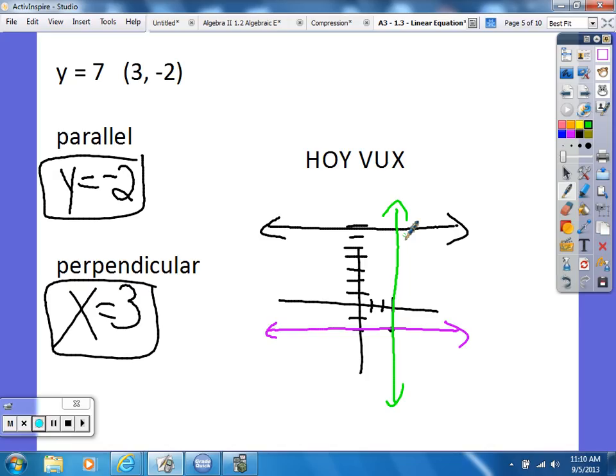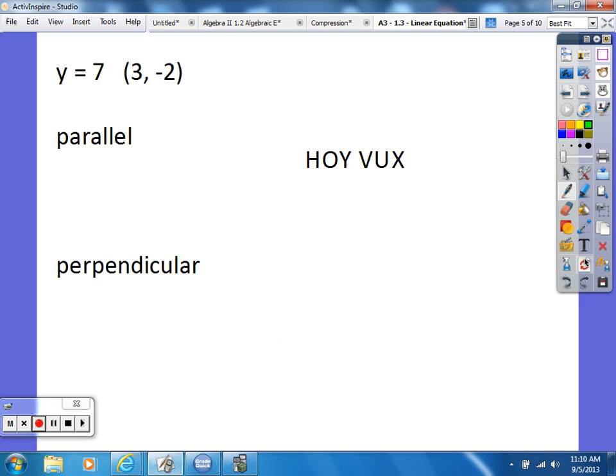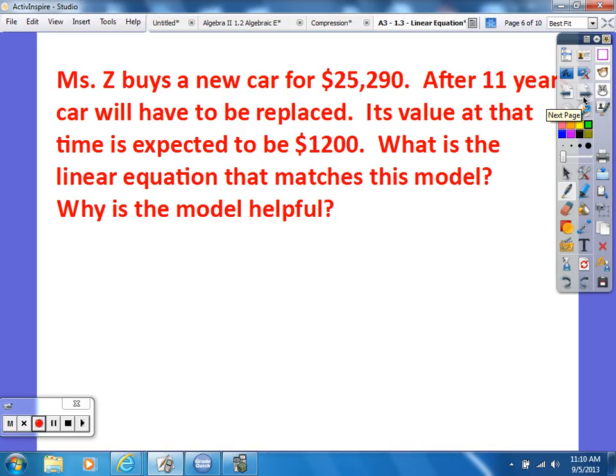What if this had been x equals a number? Parallel will be x equals. So parallel is the exact same, and perpendicular will be the opposite. Okay? Does that help? So we talked about that a couple different ways. Hopefully that helps. Our last one.